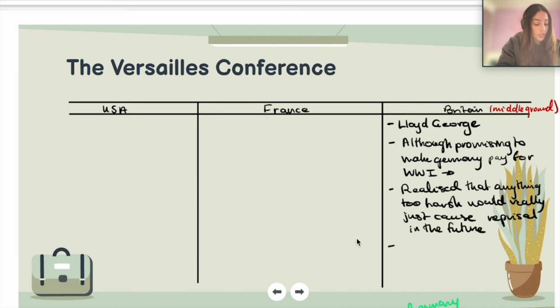And Lloyd George was sort of responsible for many of the compromises within the treaty.